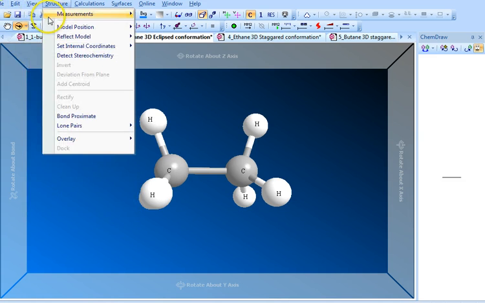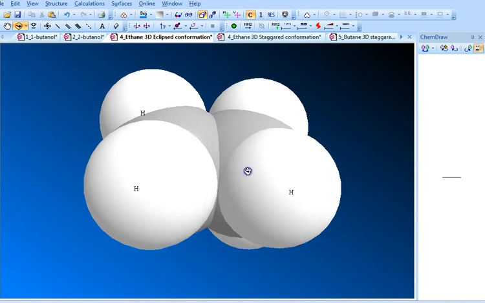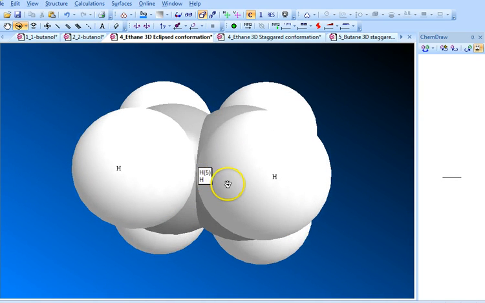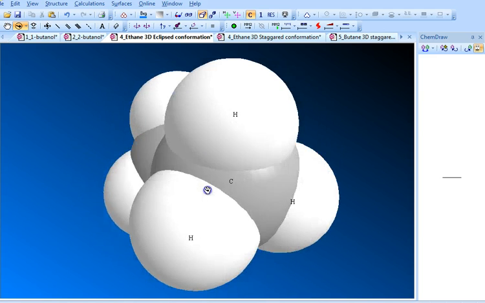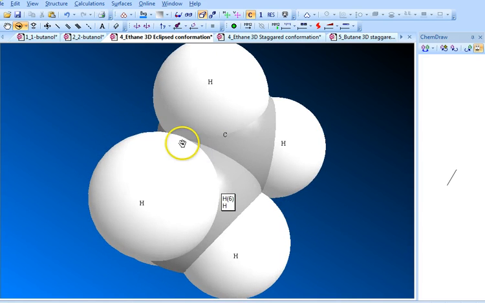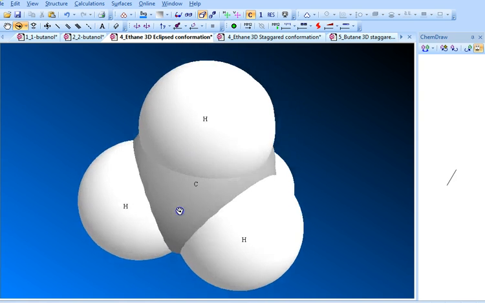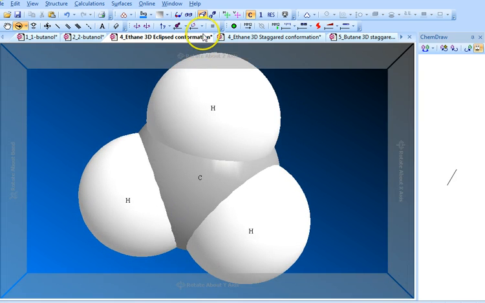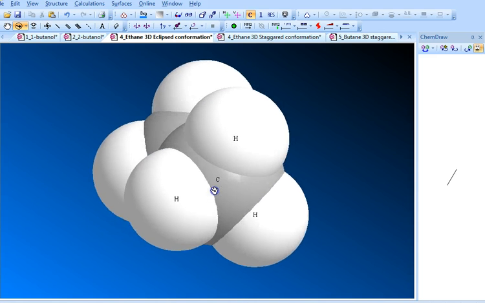Okay, so let's see the space filling model, and here it is, and you can see now the carbons are barely touching each other. There should be a huge steric interaction, well, in this case it's not huge, but there is an interaction between these hydrogens, and obviously this is an eclipse conformation, and it's not stable.